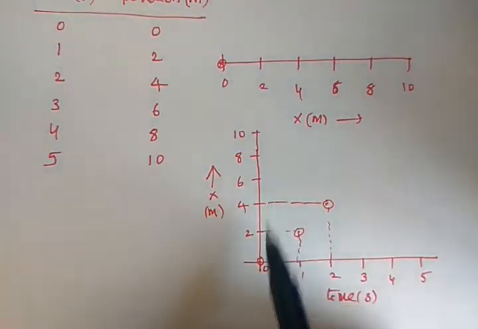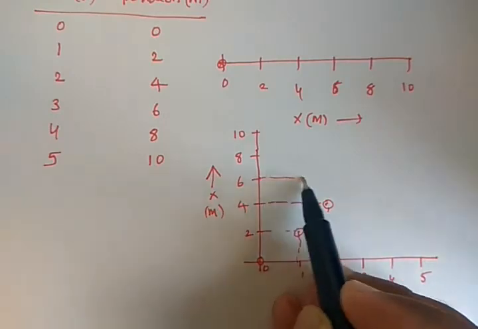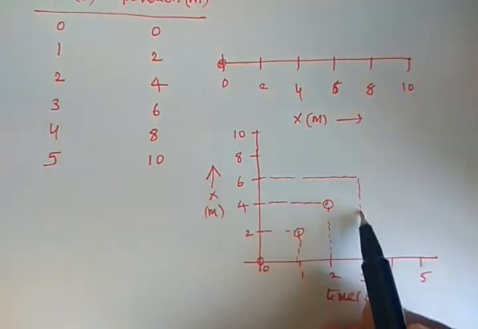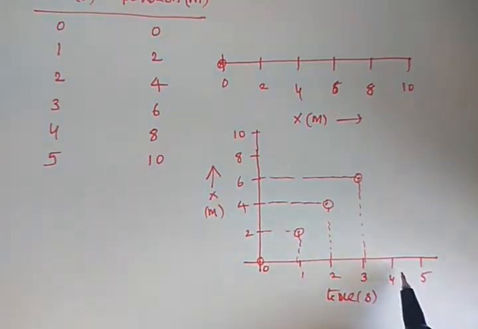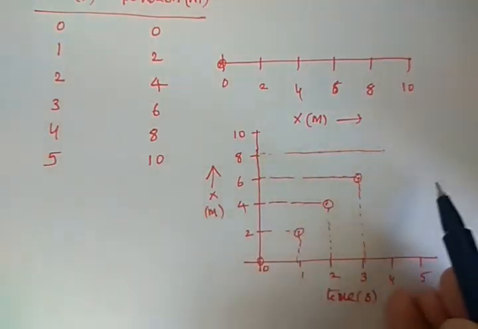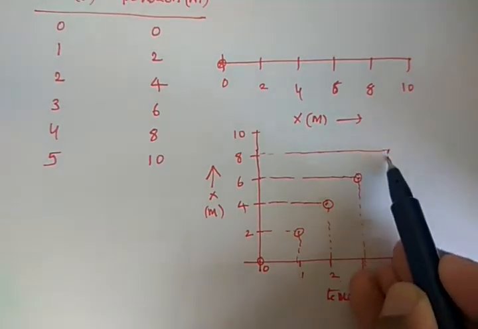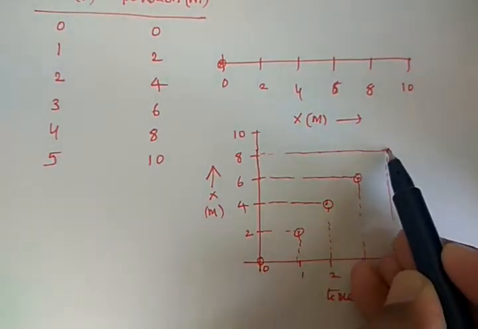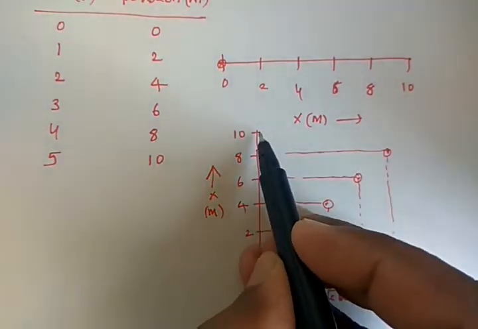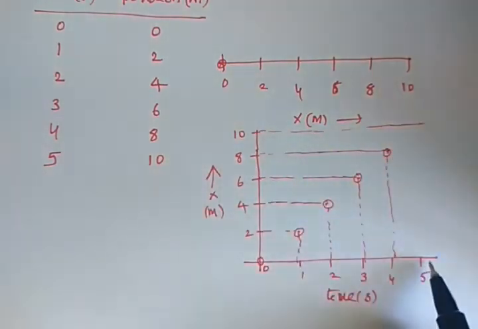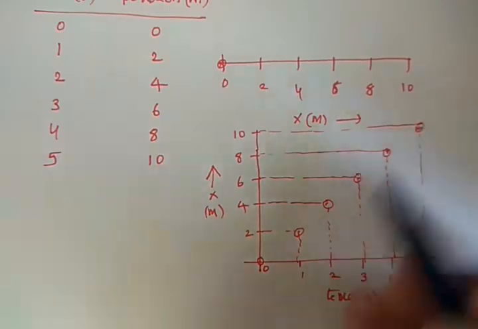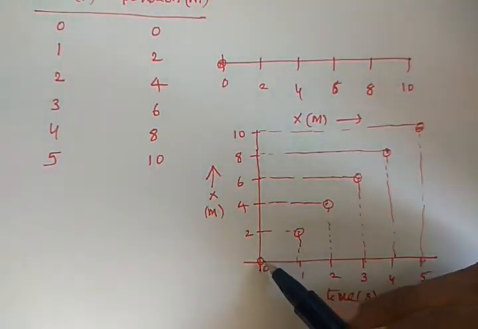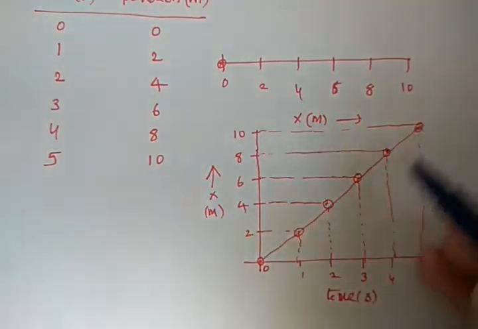When time t is 3, location is 6, so this is the data point. When time t is 4, location is 8. This is the point. Now when time t is 5, location is 10, so you get this point. When you connect all these points, you get a straight line.